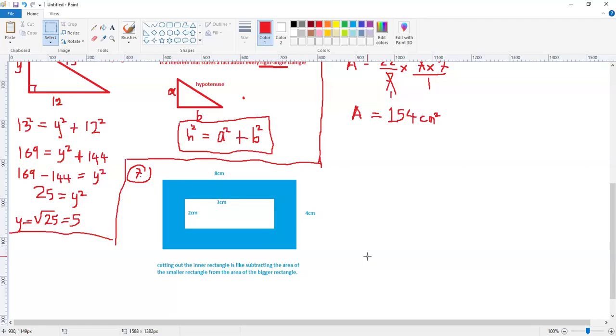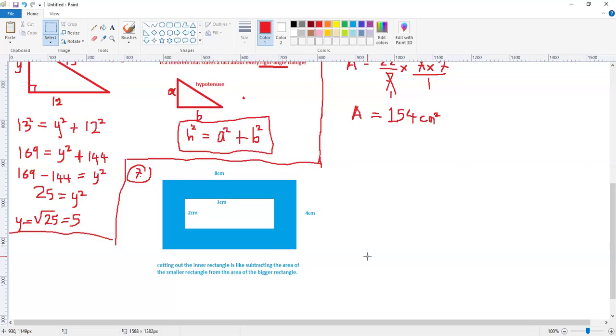No. Okay, but you are familiar with the area of a rectangle, right? Yeah. Okay, so what's the area of a rectangle? I'm not sure. Are you sure you've not come across the area of a rectangle before?